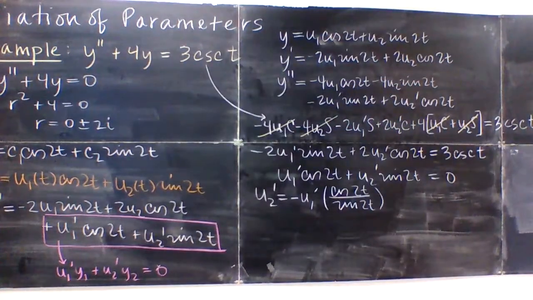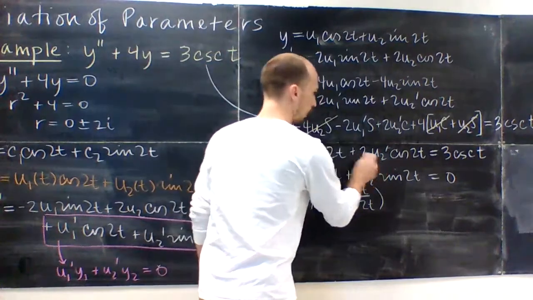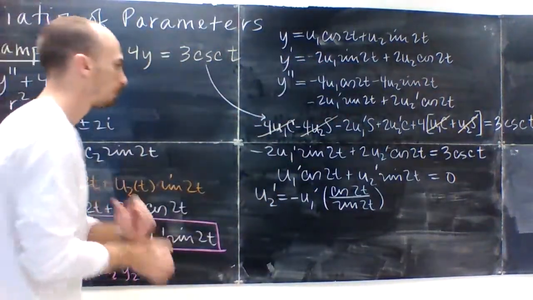And then I'm going to use this formula for u2 prime in this other equation.